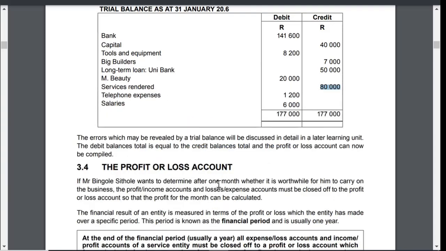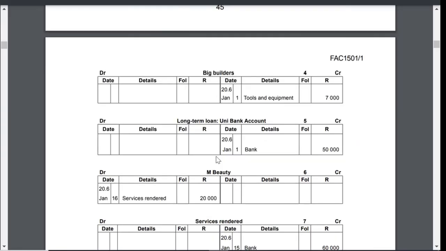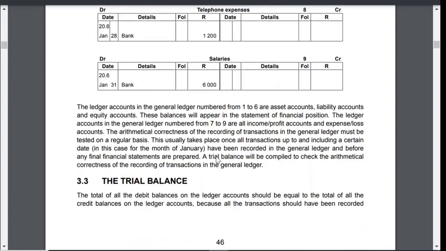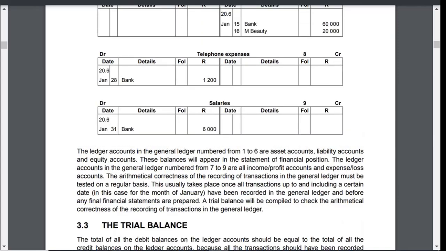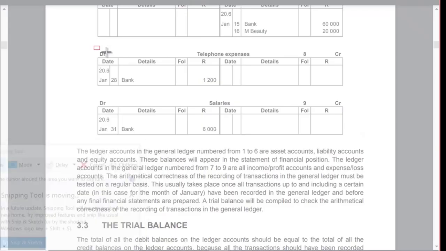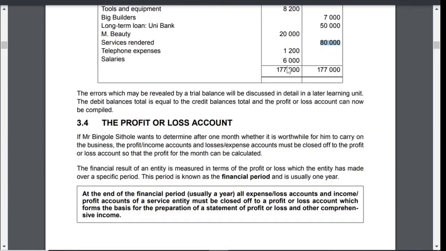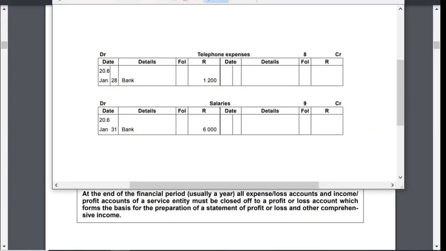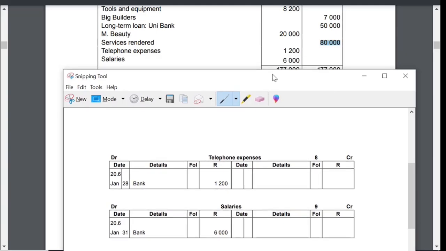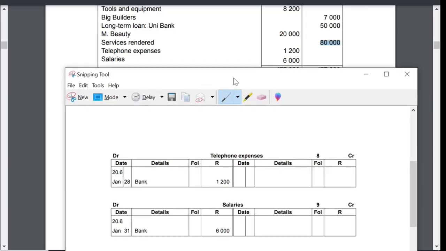So let's look at the telephone account. From the general ledger, can you see that the telephone account is debited with 1,200? Yes. And when you look at the trial balance, the telephone is also debited with 1,200.